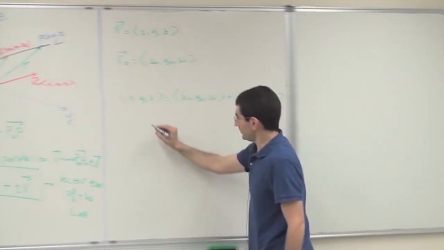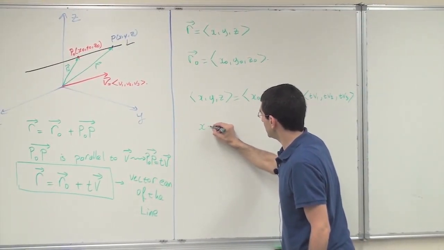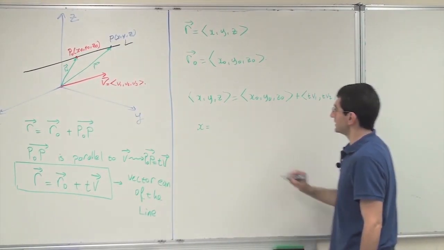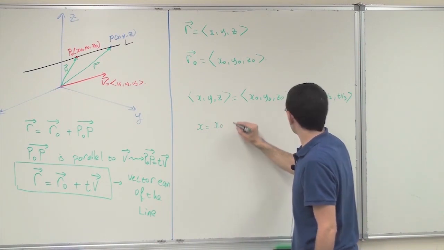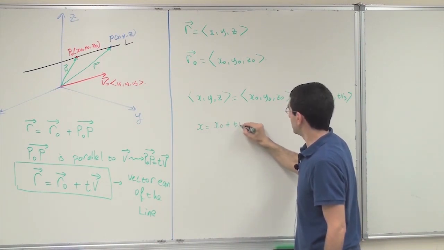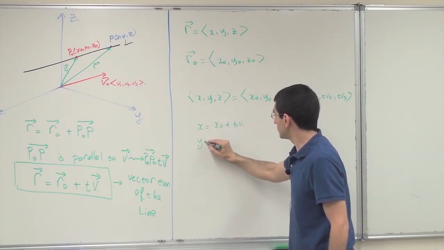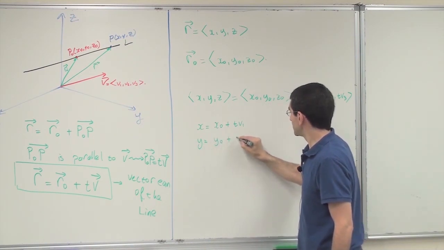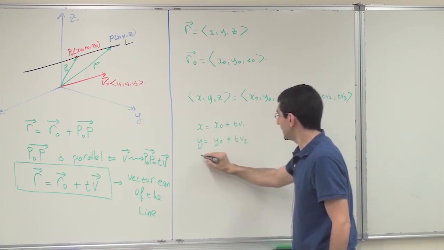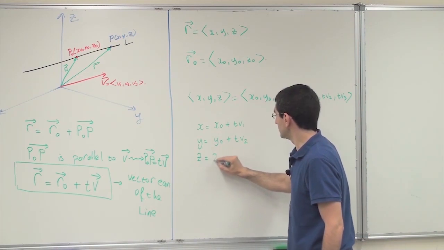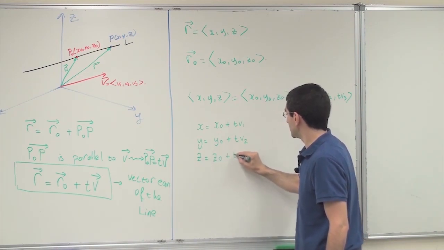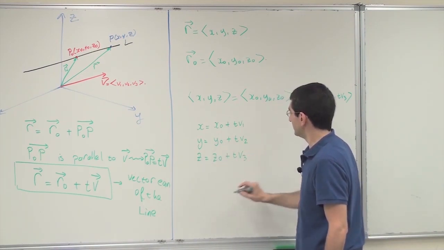Then from this we get three equations. x is equal to x naught plus t times v1, y is equal to y naught plus t times v2, and z is equal to z naught plus t times v3.